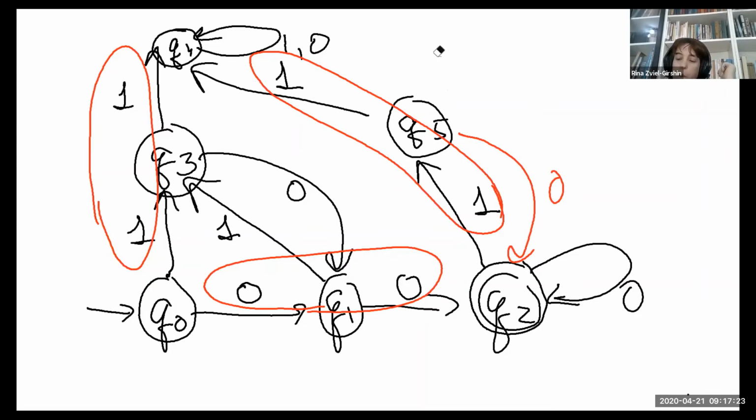Because if I stay with 0 here, then the next one can be not a continuation of substring 1. So yes, with 0 we move back to Q2. And it means that we saw substring 00.